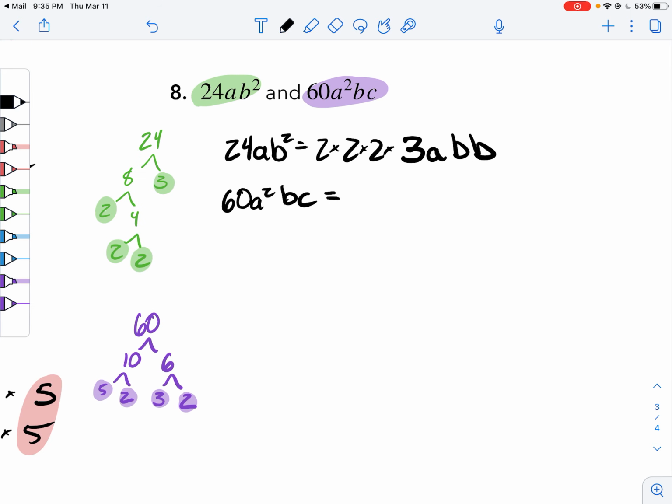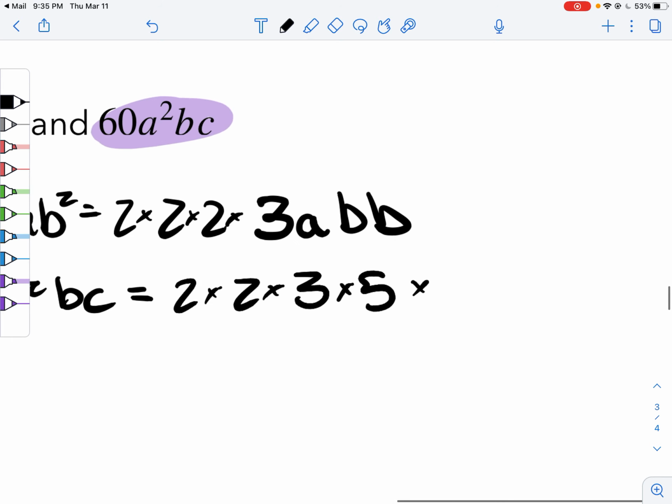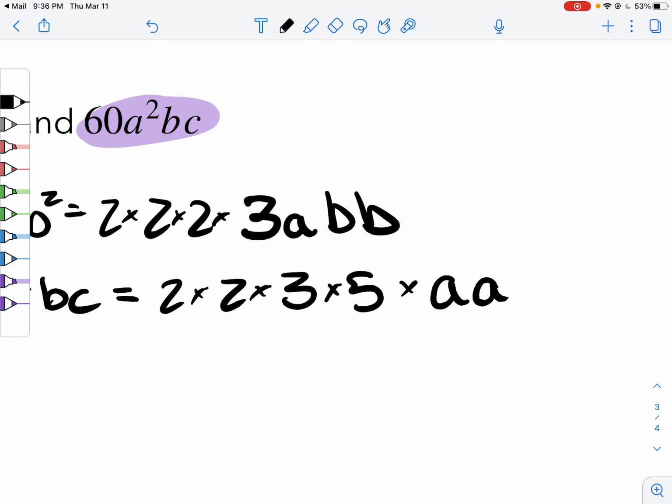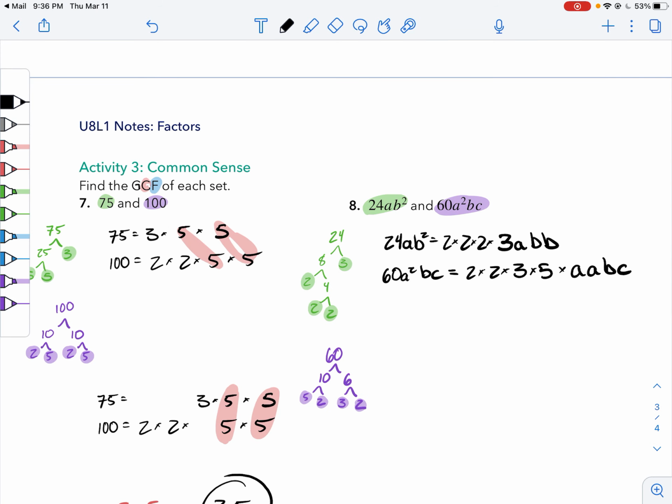So 60 then gives us 2 2s. So that's our 60. And then we have 2 A's, a B, and a C. Yay! We've got the factors!